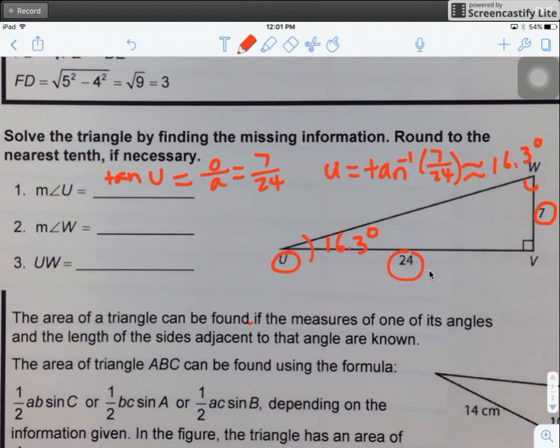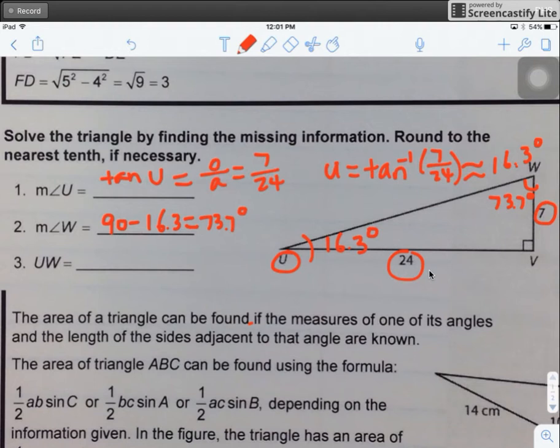And the next question is asking you to find angle W. There are 2 ways to do this. One is that realizing this is a right triangle, therefore the acute angles are going to add up to 90. We can take 90 minus the angle that we found, 16.3, and we will get 73.7 degrees, and that is what this angle here, W, has to measure.